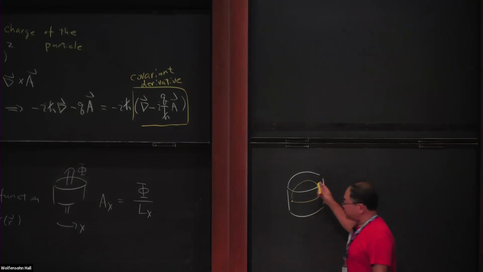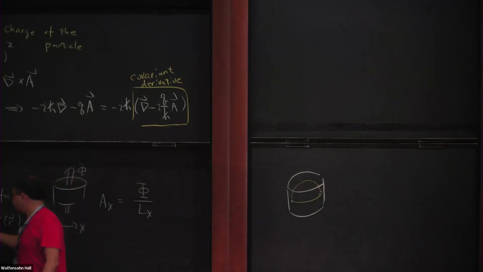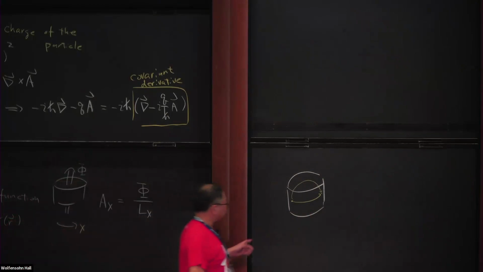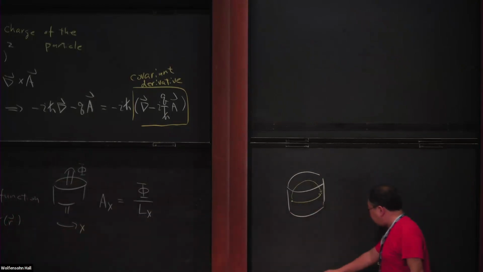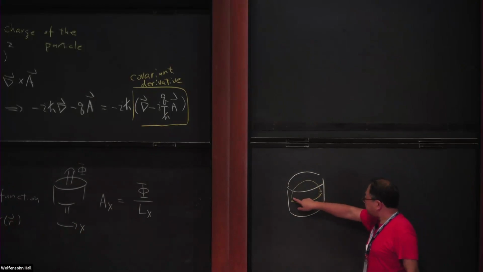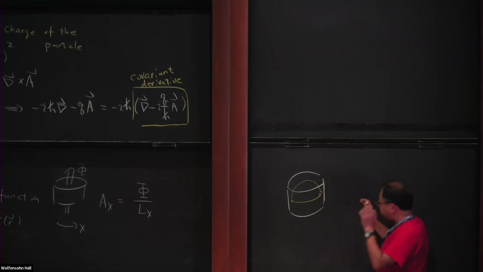But because of the vector potential, the quantum mechanical particle gains a different phase, whether you go this way or that way. This will be more clearly formulated in terms of path integral, but I skipped the detailed formulation. But as you know, for these two different paths, you get an extra phase difference.